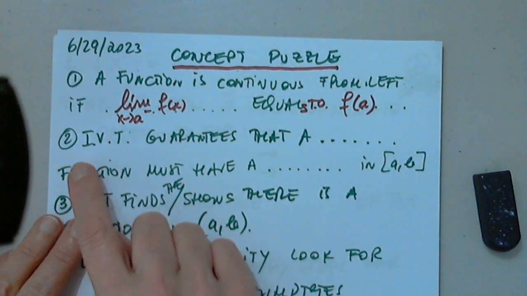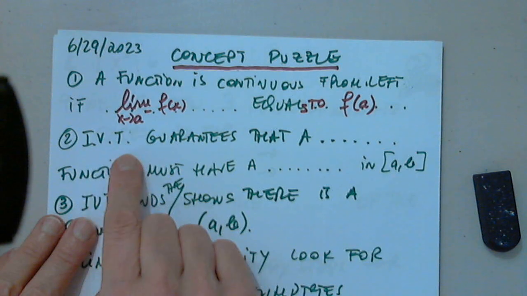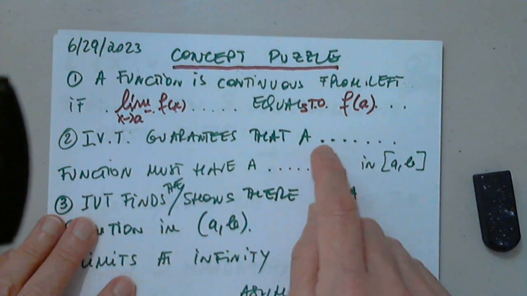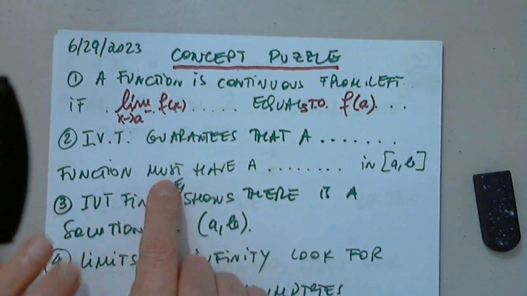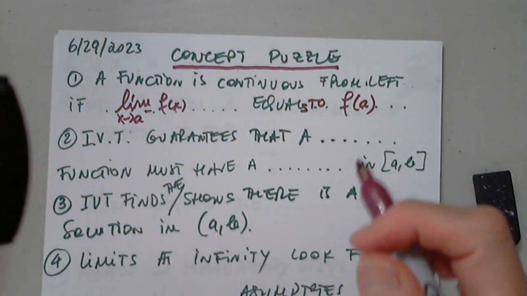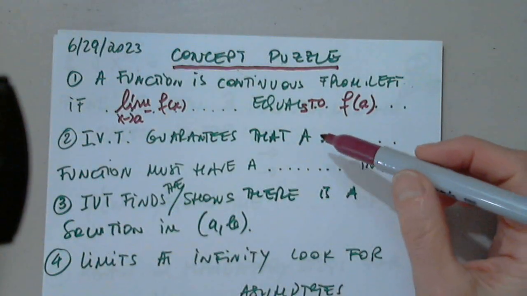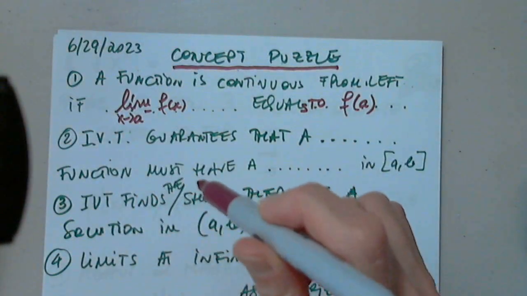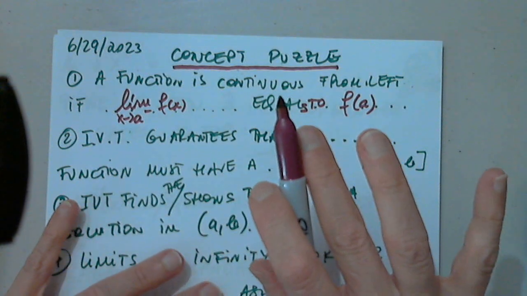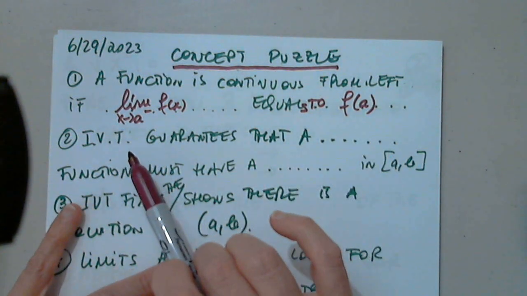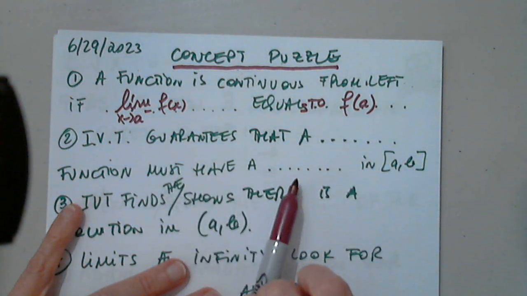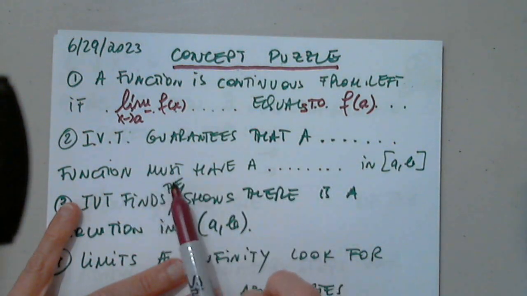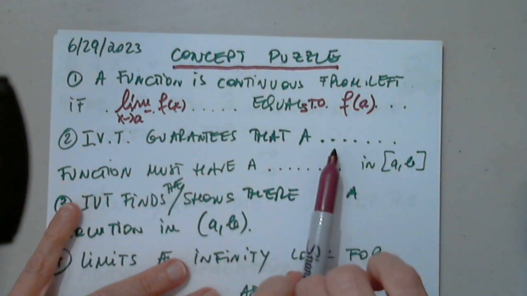Awesome. IVT, the intermediate value theorem, guarantees that a... let me see what I wanted to say here. Intermediate value theorem guarantees that a function must have a, what did I mean?